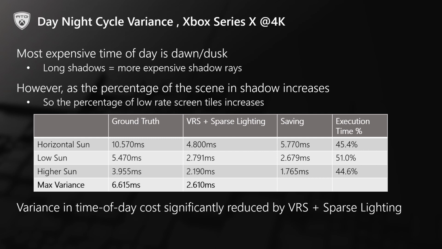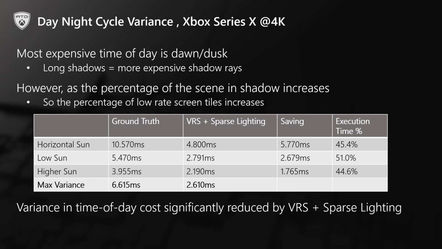The interesting thing here is that sparse lighting is significantly reducing the variance between those best case and worst case scenes. So here is a comparison table. The ground truth again is that we shade every pixel and we light every pixel.